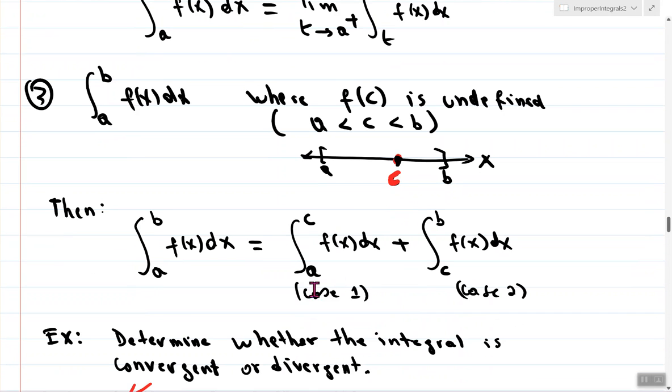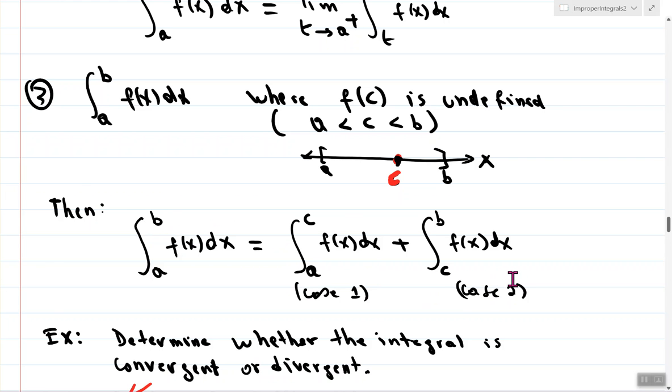When you integrate from a to c, the function is undefined at the upper limit of integration, which makes this case 1. The second integral from c to b, since f of x is undefined at c, makes this case 2. So again, case 3 is case 1 plus case 2.